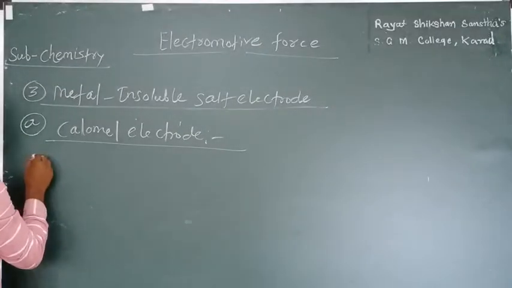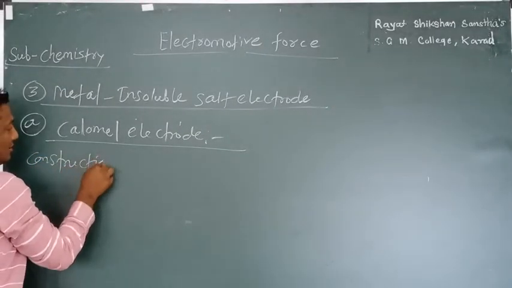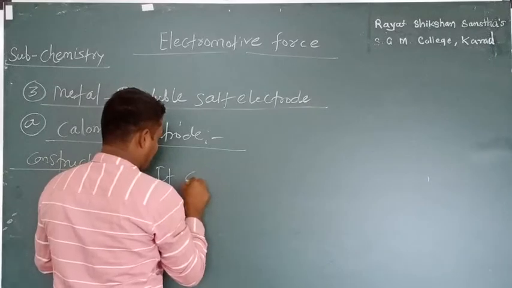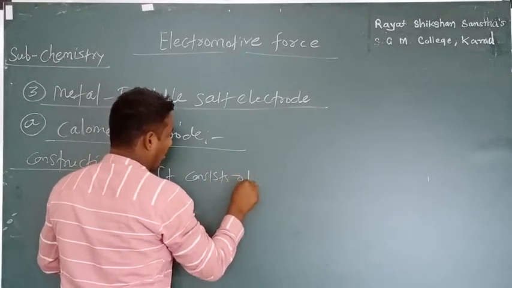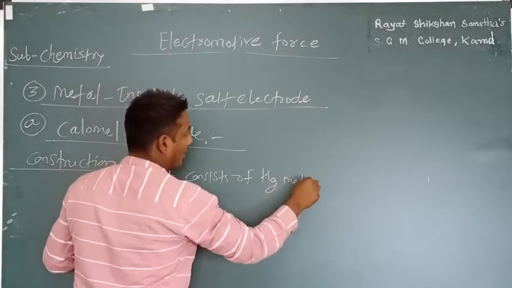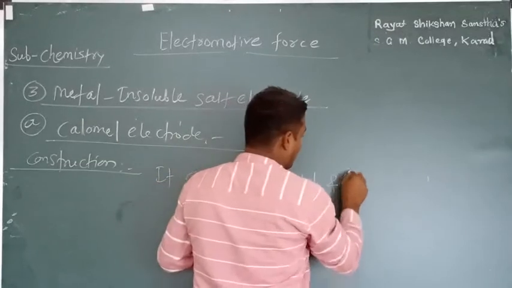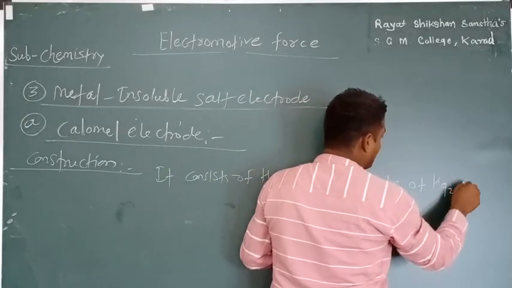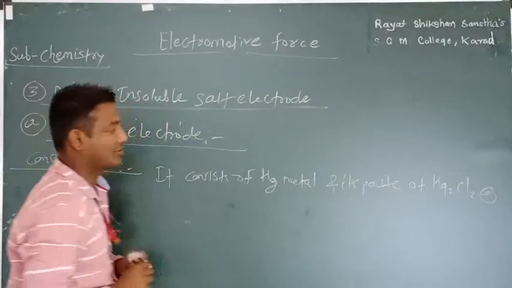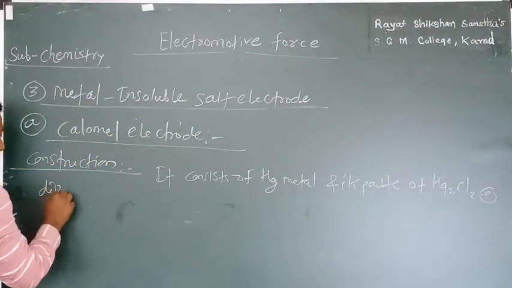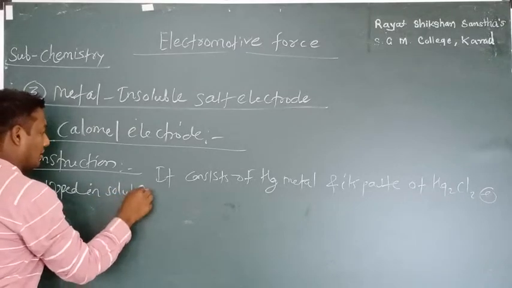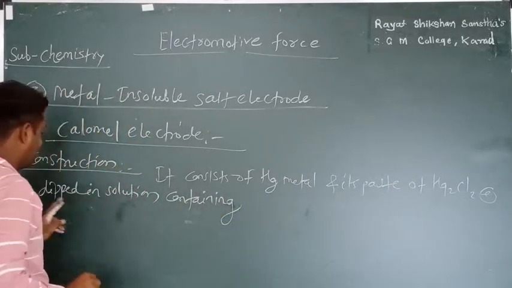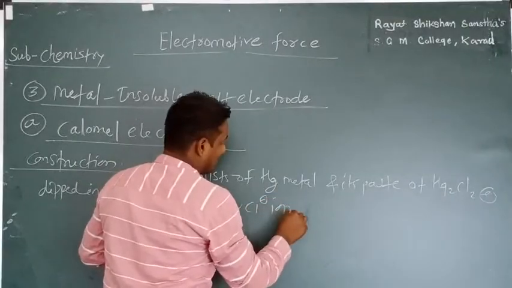Then we'll write down the construction. It consists of mercury metal and its paste of mercurous chloride, dipped in a solution containing Cl minus ions.